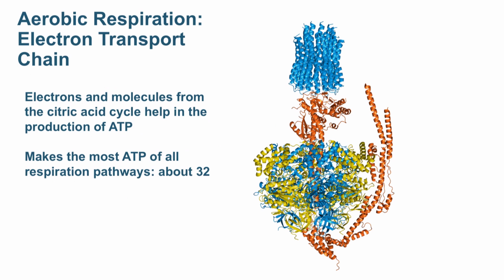So in the electron transport chain, most of the ATPs that are produced in cellular respiration are produced. So this is aerobic respiration, and we get roughly 32 molecules. And so in the electron transport chain, electrons and molecules that were produced in the citric acid cycle help in the production of ATP.